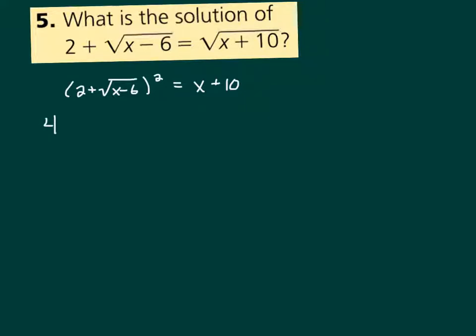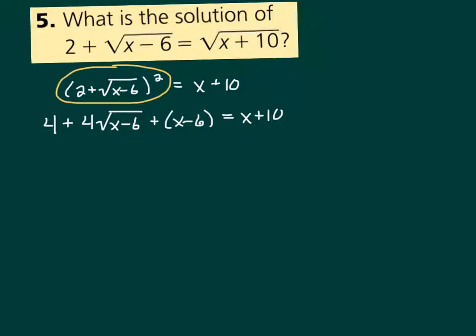So we're going to get 4 plus 4 root x minus 6 plus x minus 6 equals x plus 10. Because when we do this step, it is 2 plus root x minus 6 times 2 plus root x minus 6.